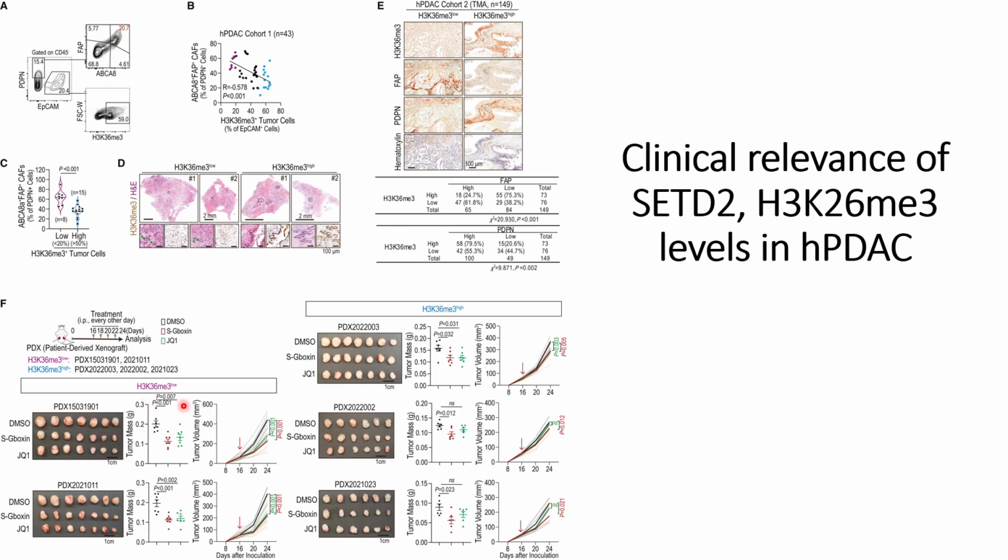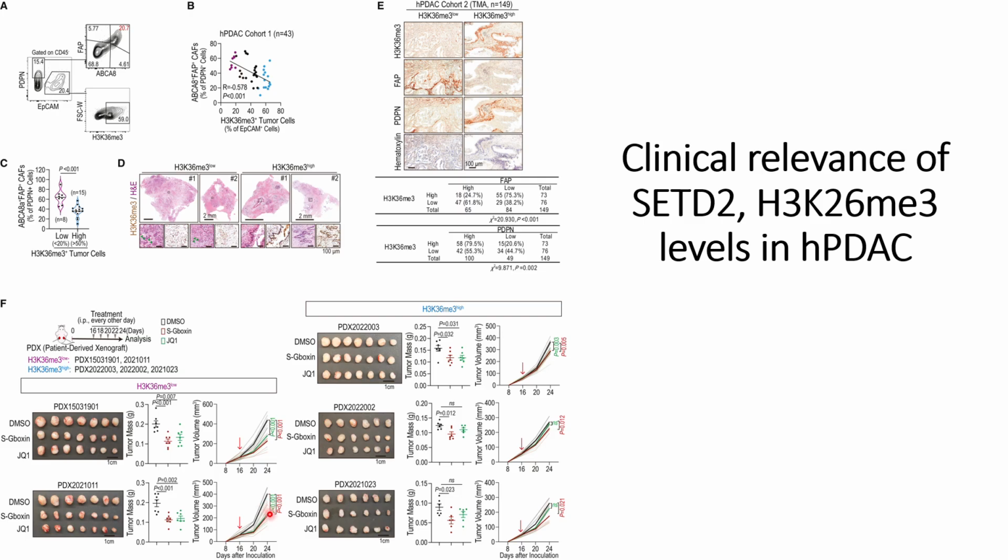What they found is that in the H3K36me3 plus low samples, they see a high impact of S globin and JQ1, as can be seen here. P values are less than 0.001 and 0.007 for the tumor mass, for these two replicates. So for both cases P values are very low, and the decrease in tumor volume is also very high.